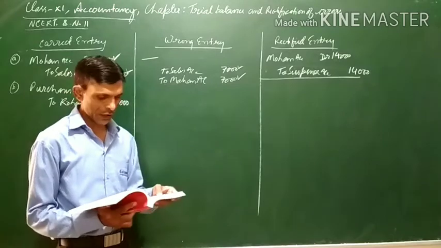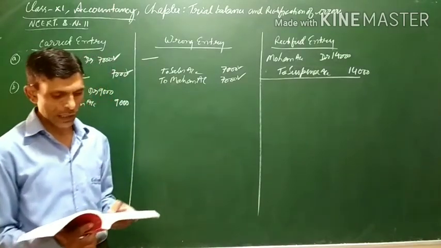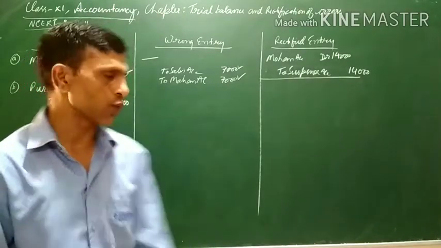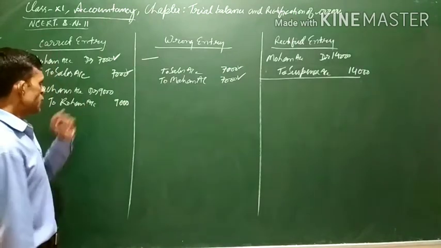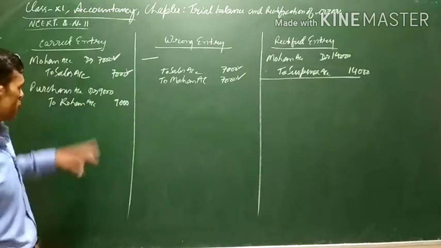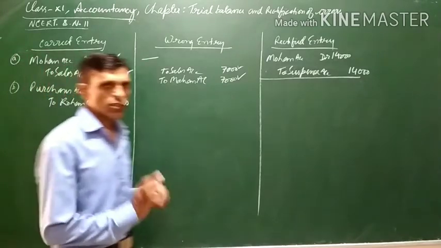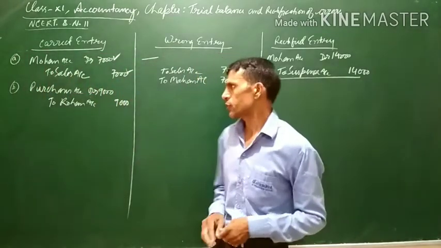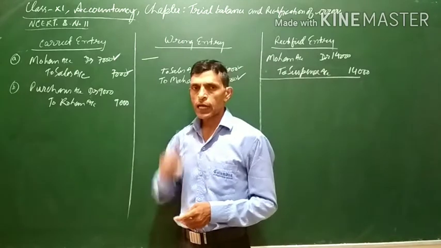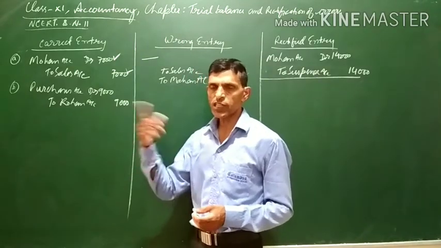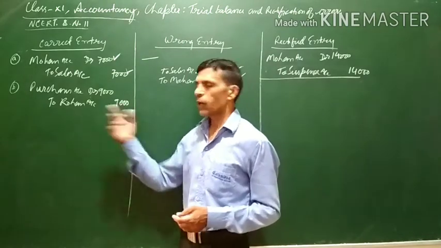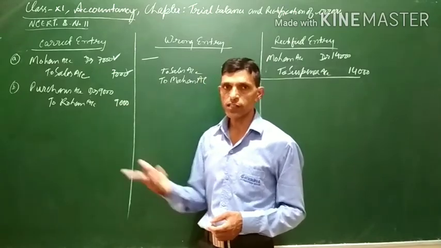What are the wrong entries? It has been posted to the debit of his account as 6,000. This was to be recorded first in the credit purchases. When credit purchases are made, it is recorded in the purchase book, and from the purchase book it will be transferred to the concerned vendors' accounts.